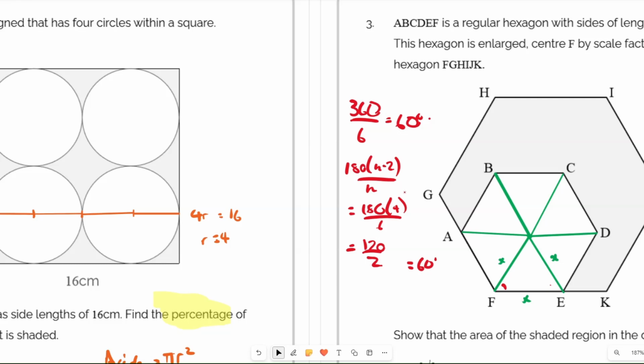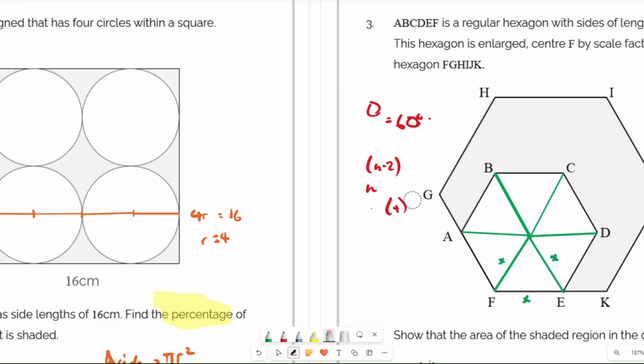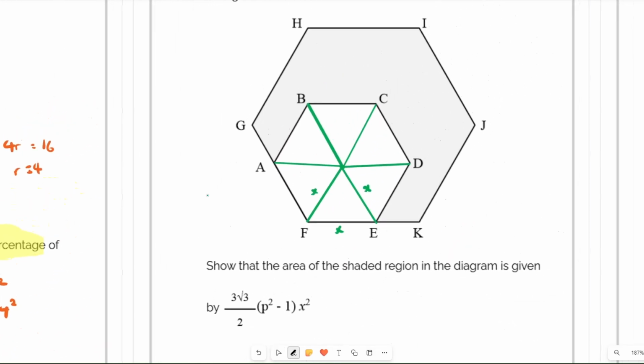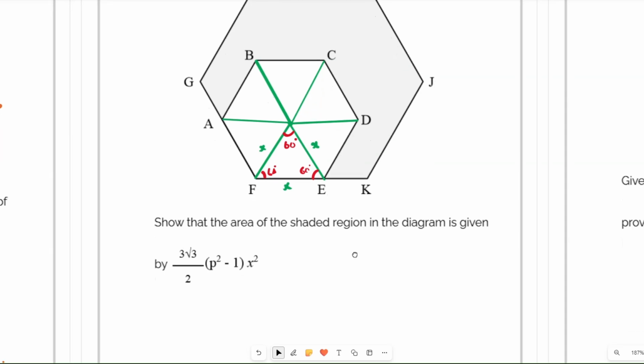So we know that all the angles are 60 degrees. That means it has to be equilateral, right? So now that we've definitely confirmed that, we can say that all the side lengths are length x, and all the angles here are 60 degrees, 60 degrees, 60 degrees. So we're just going to be using half AB sine C once again.